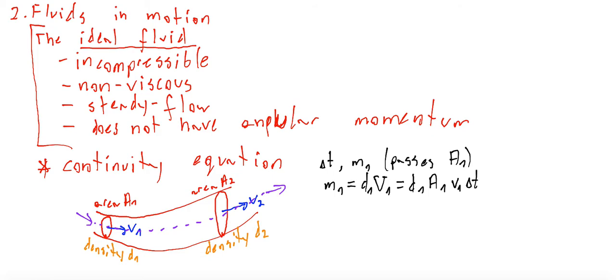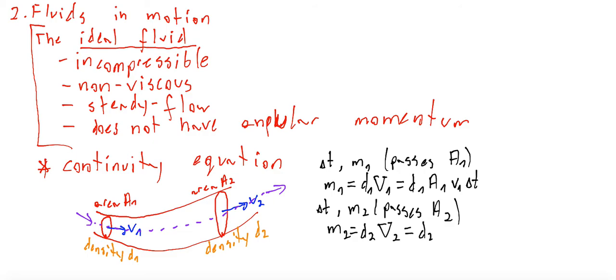And the same we can write in the case of m2, the mass of the fluid which passes in time delta t through area A2. This is the density of fluid at area A2 times the volume of the fluid, which can be written as the cross-section area A2 times velocity v2 times delta t.